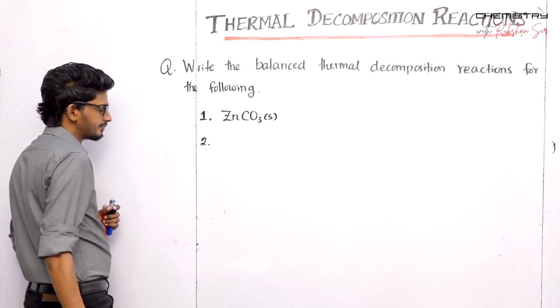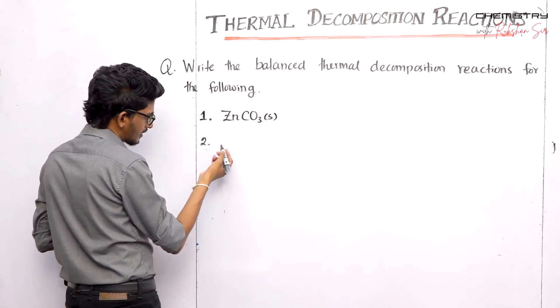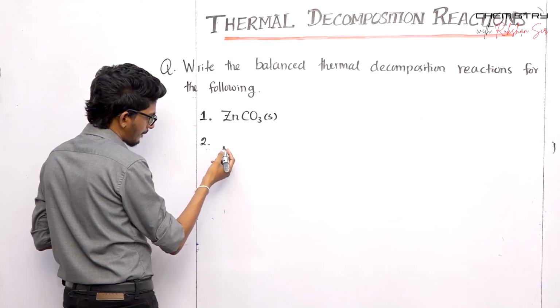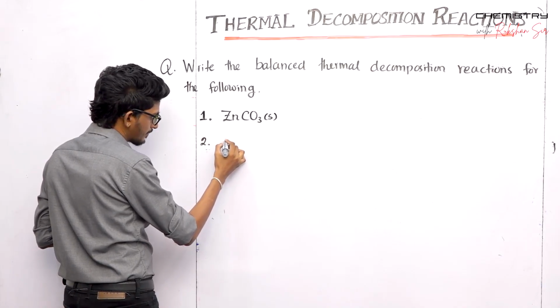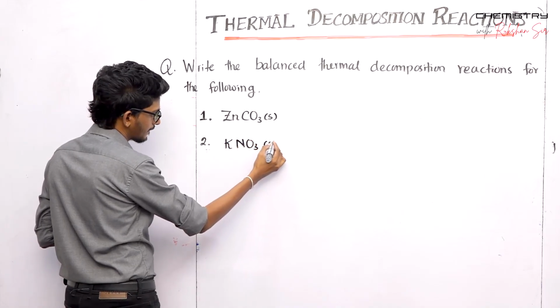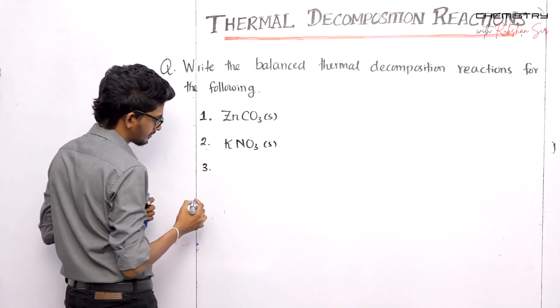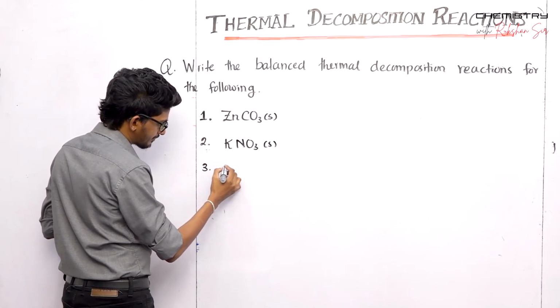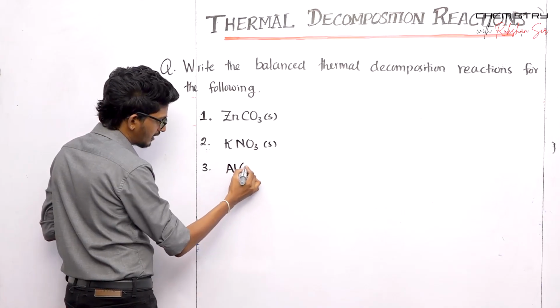Number 2, potassium nitrate. Number 3, aluminium hydroxide.